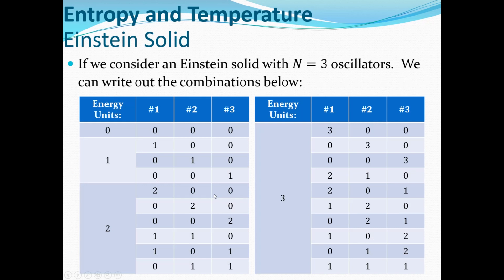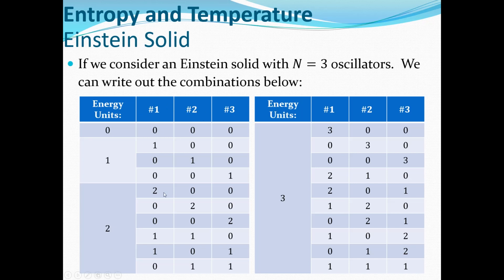So if we write this out, say we have an Einstein solid with three particles, or another way we could say it is three oscillators, these are all the variations of the combinations we can have. We could have 0 energy units, which would be 0 across the board. We could have 1 energy unit, which could be put in the first, second, or third oscillator.